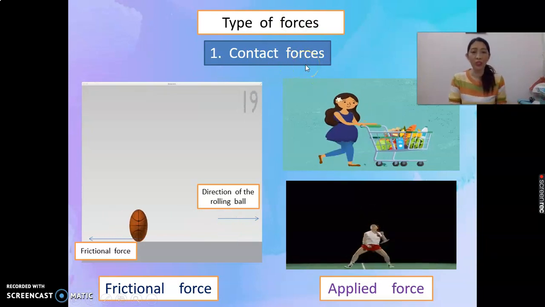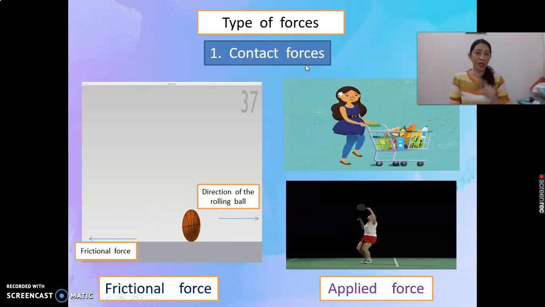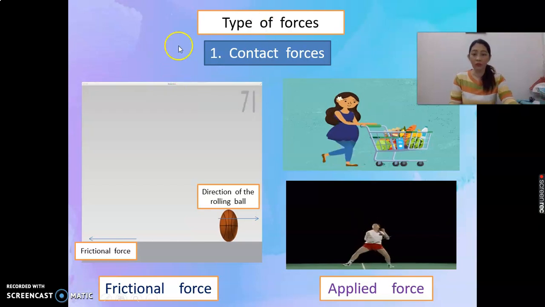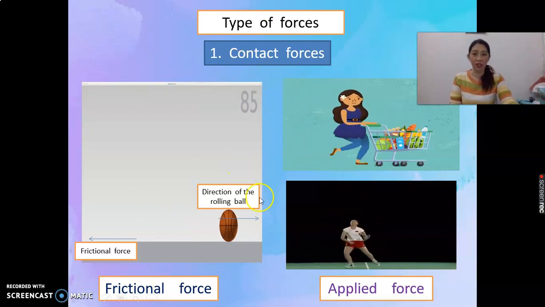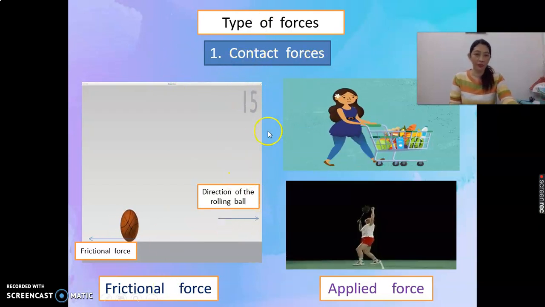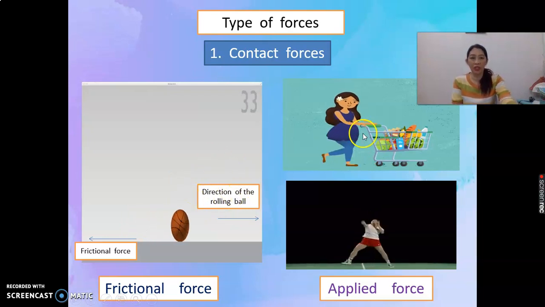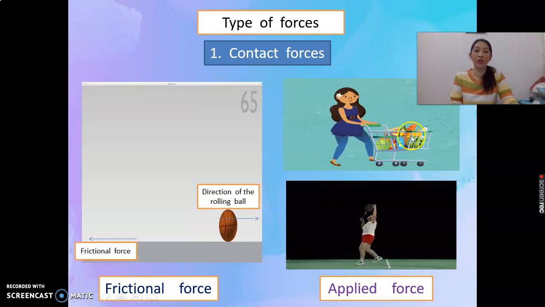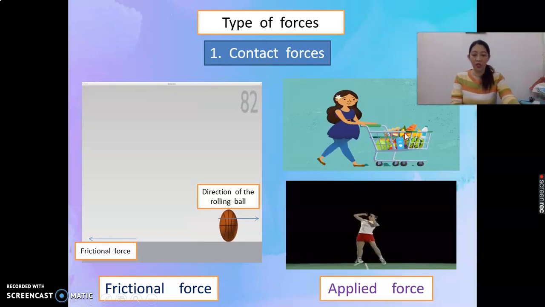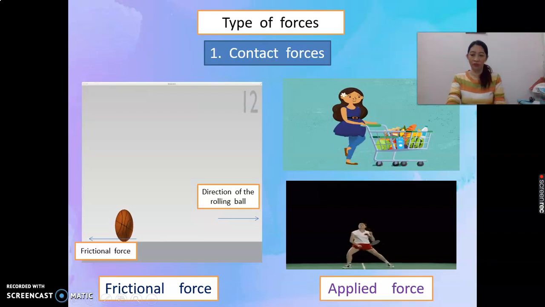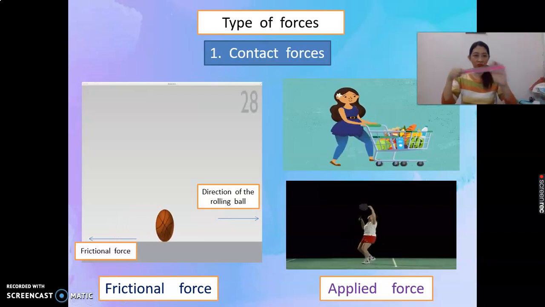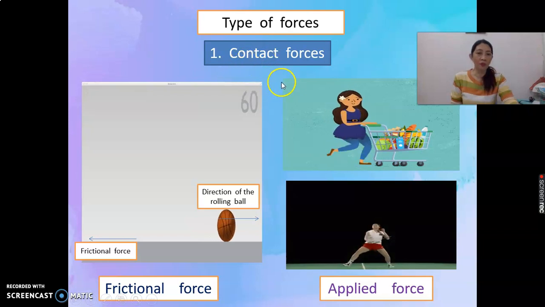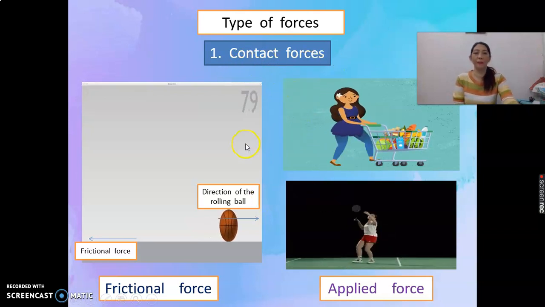We will review number one, the examples of contact forces. Number one is when we push a shopping cart. We are touching it, so this is an example of contact force.